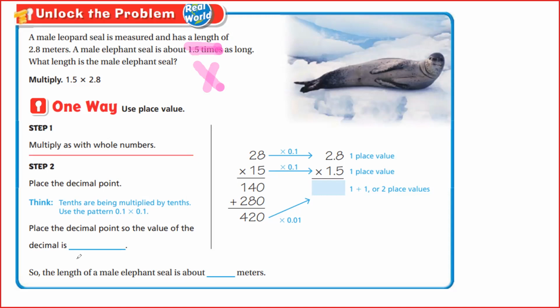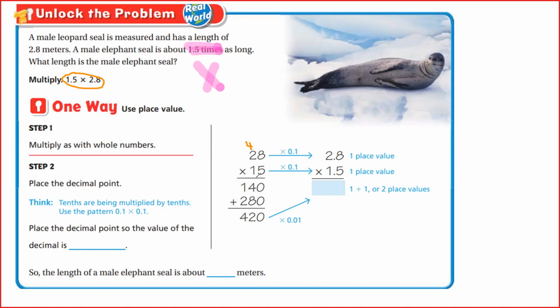Now, how will I multiply 1.5 times 2.8? The first step, they told you to multiply as with whole numbers. As she did here, she said 5 times 8, 40. 5 times 2, 10, plus 4, 14.